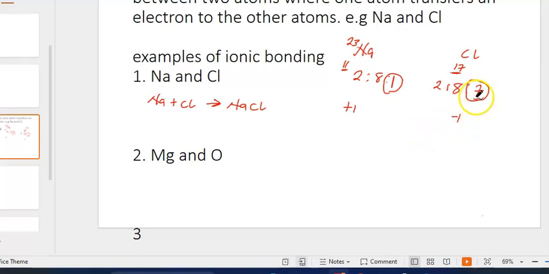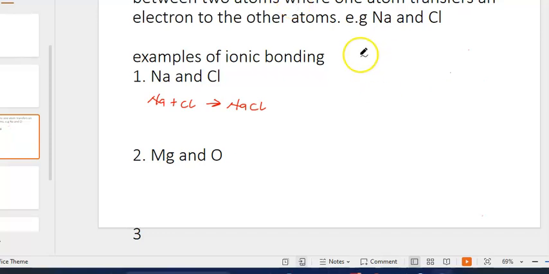That means it's going to have 7 plus 1, which gives 8, the complete number of electrons in the outermost shell. So we are going to draw the electronic structure now to show the bonding of sodium and chlorine.